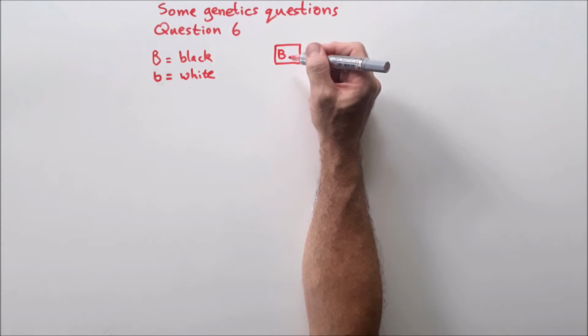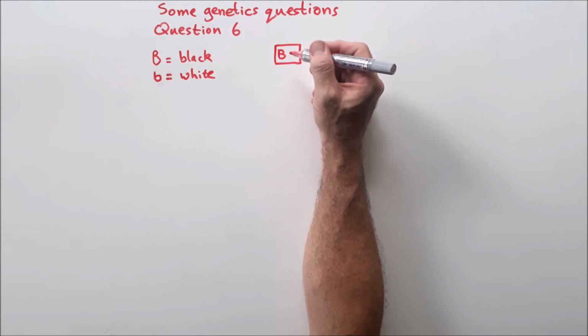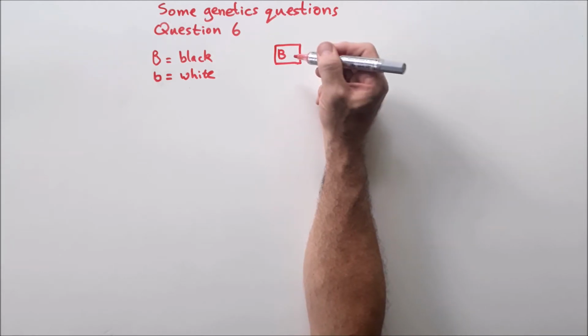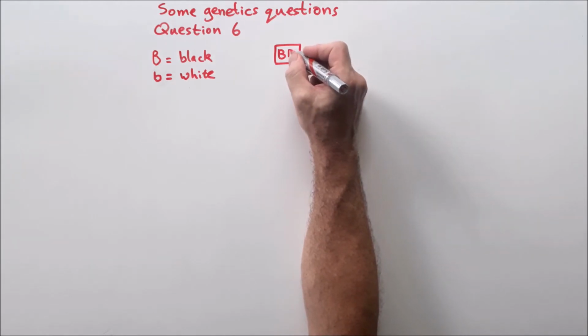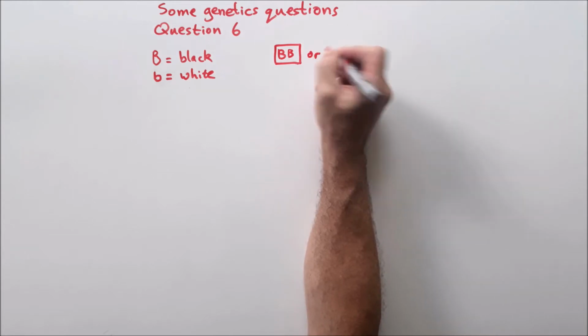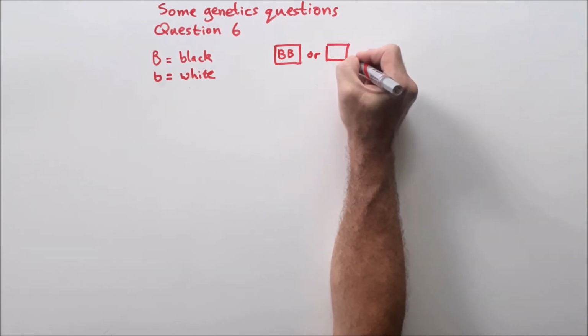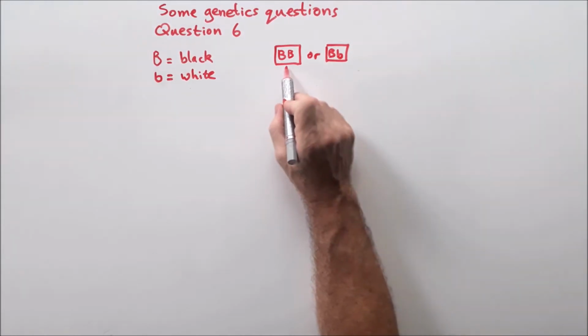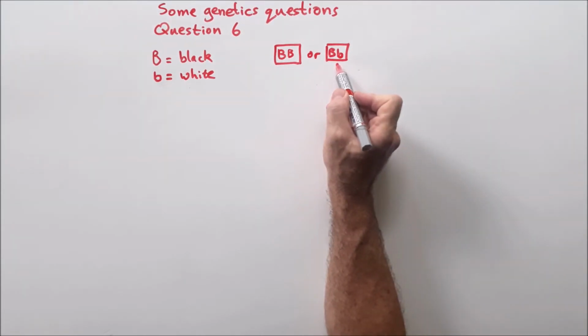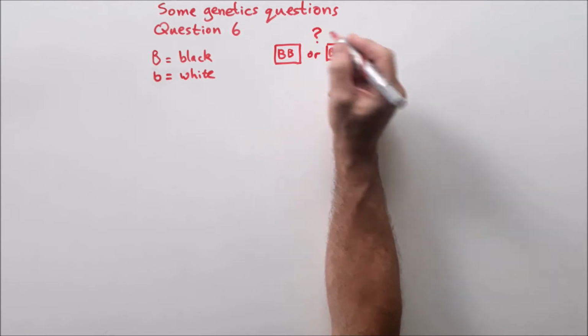The only way to be black is to have a capital B, a dominant gene that makes the fur look black. But we can't tell if this is a big B, big B, or a big B, small b. All right, so it could be homozygous black or heterozygous black. The farmer does not know.